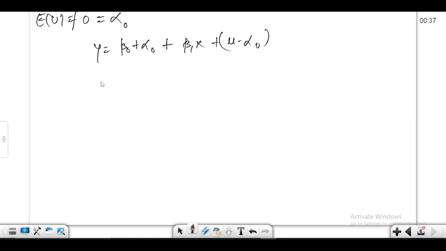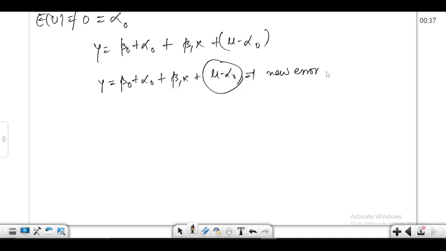So y is equal to beta naught plus alpha naught plus beta 1 x plus u minus alpha naught. So this is my new error term.